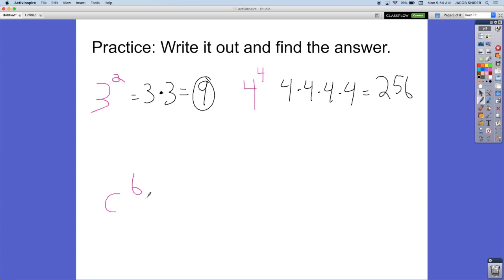Okay, now down here, we can't really do anything with it because I don't know what C equals, but I could expand it out. C to the 6th power would be the same thing as C, how many times? 6 times. 1, 2, 3, 4, 5, 6. That's what it would look like if I expanded it out. Okay, does that kind of make sense? So far so good, let's keep rocking and rolling.